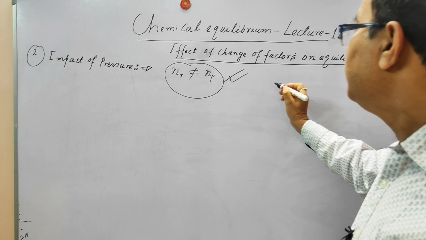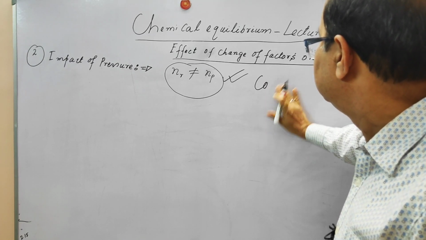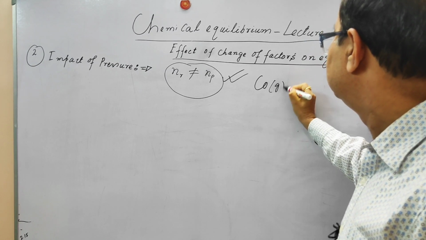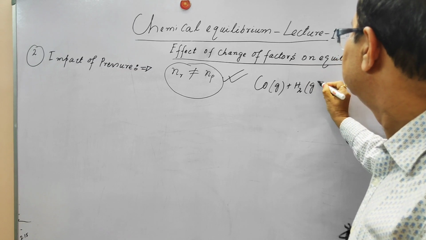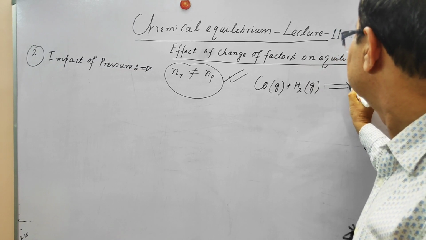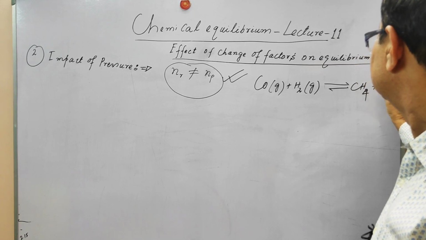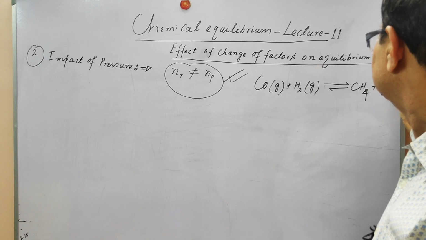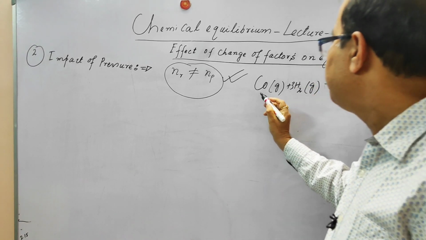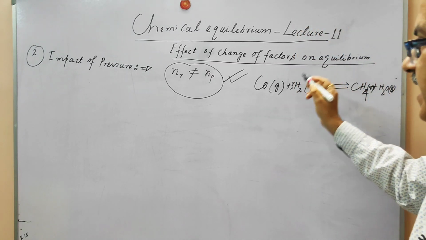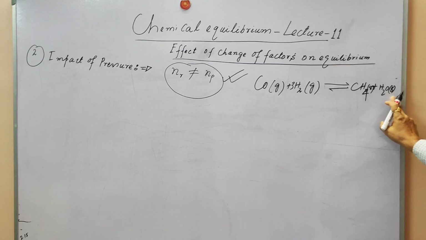Let us take an example. Carbon monoxide reacts with hydrogen and produces methane and H2O gas.